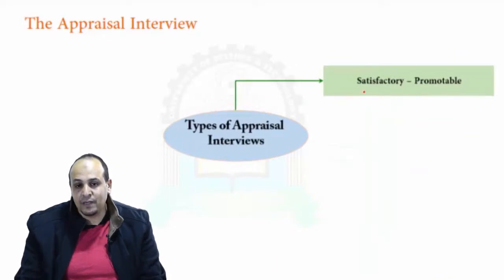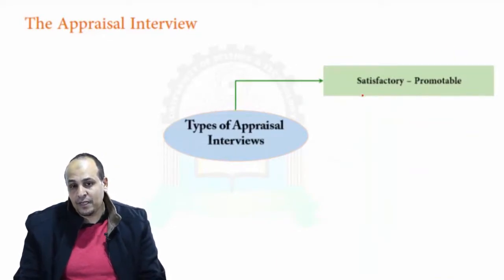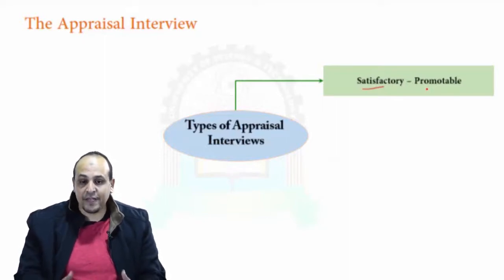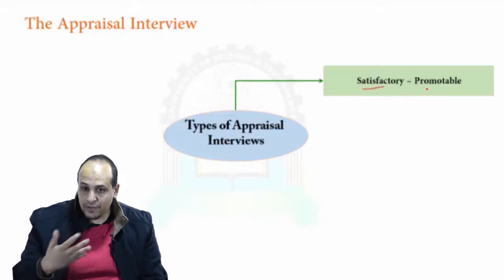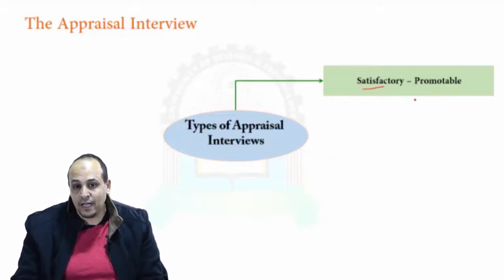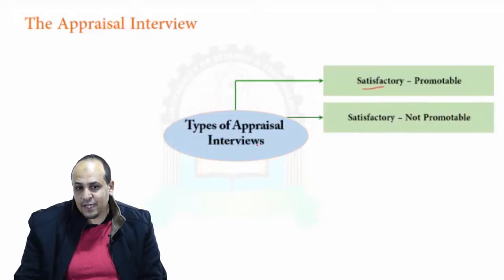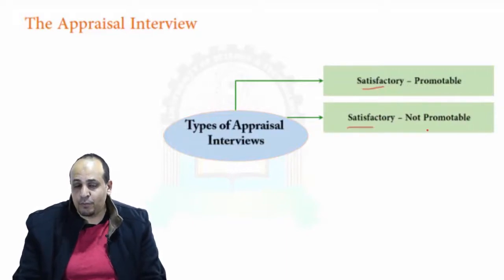For example, according to the appraisal, his performance was satisfactory and he can also be promoted. So satisfactory and promotable at the same time. So the interview would discuss the need for the new or future job position, requirements, the kind of training requirements, etc. The second interview is about satisfactory performance, but not promotable.